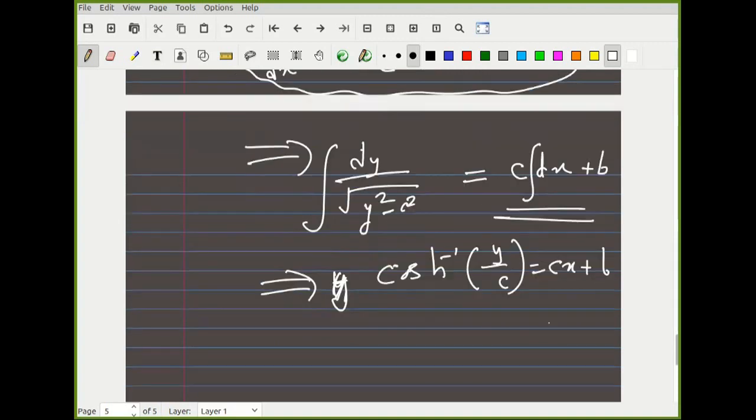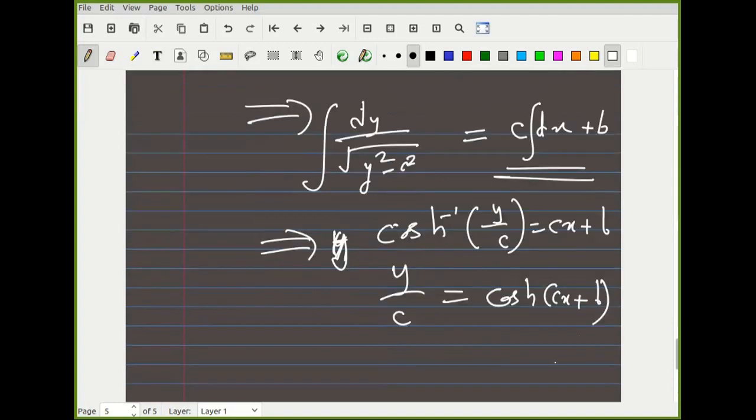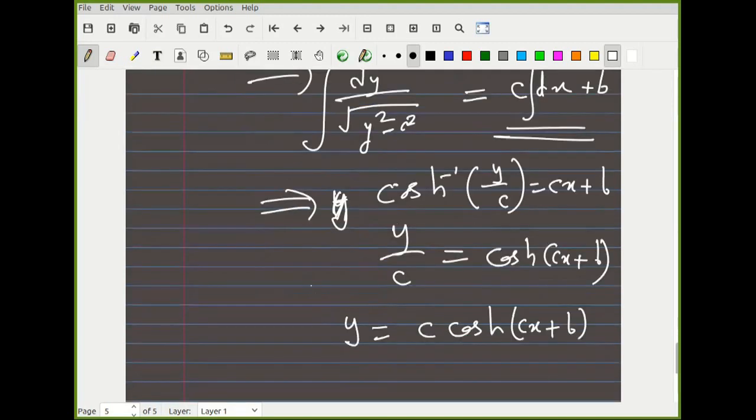In other words, y by c is cos hyperbolic of (cx plus b). Or y is equal to c times cos hyperbolic of (cx plus b). So this is the path that we are looking at.